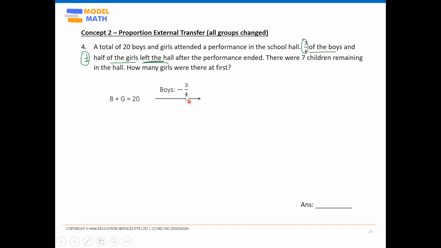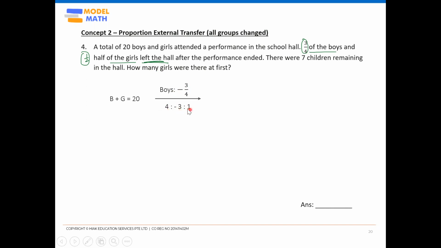From this fraction, I'm going to translate it to a mini BCA ratio below, BCA meaning before change after. So 3/4 leave means that out of 4 units, the boys, 3 units of boys leave the hall. My before will be 4 units. The change is -3.